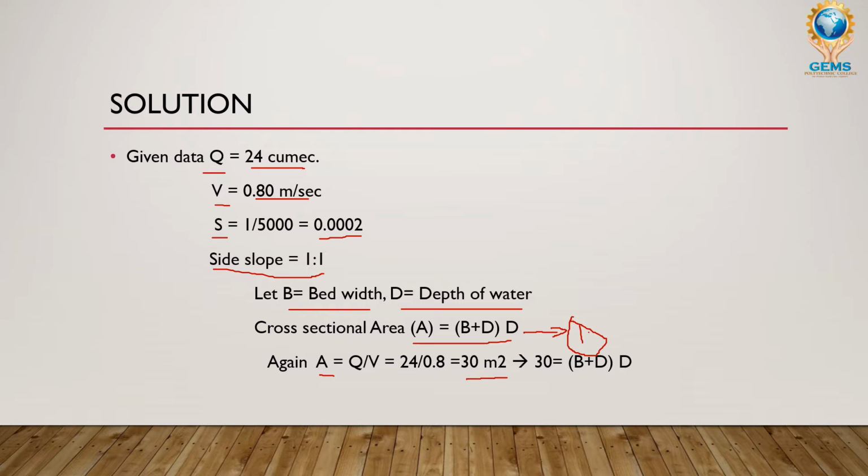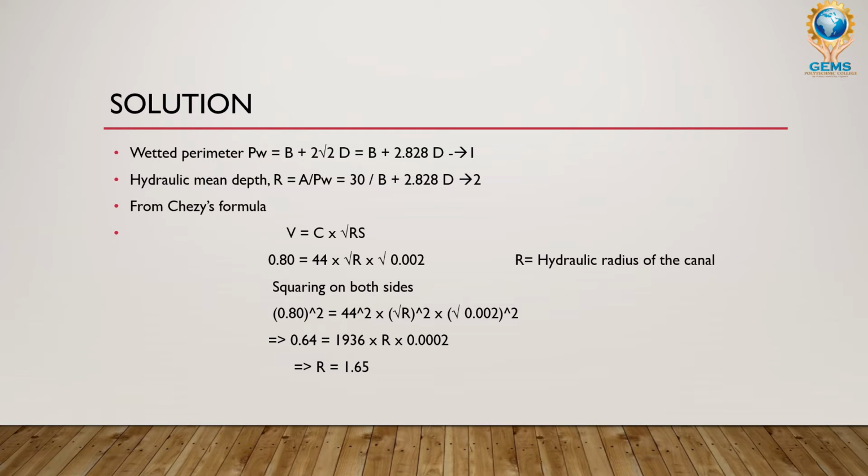Now we are going to see the next step. We know the wetted perimeter formula: PW is equal to B plus 2 into root 2 into D. This is our standard value for the trapezoidal section. Converting B plus 2 root 2 into decimals, you will get B plus 2.828 into D. This is considered as our second equation. The hydraulic mean depth is R is equal to A by PW.